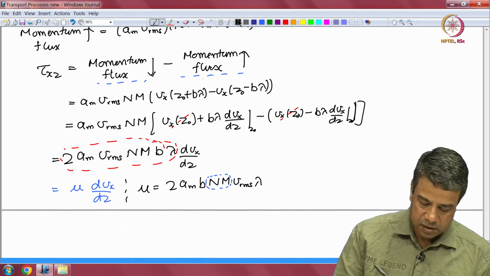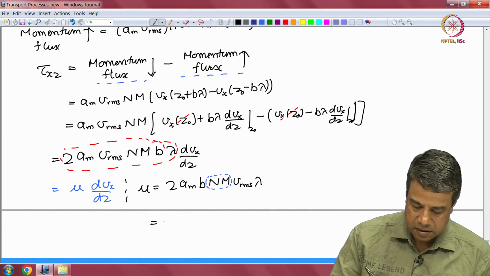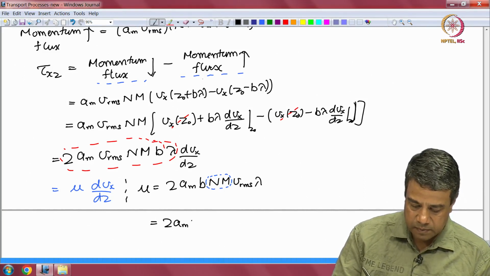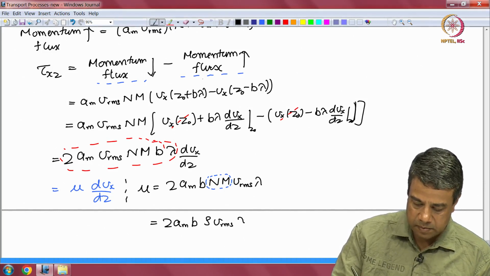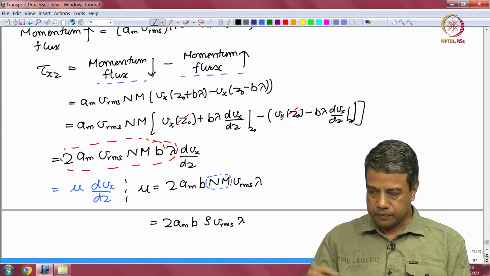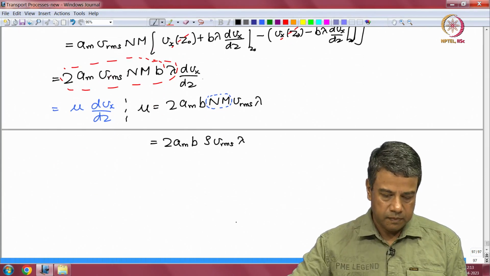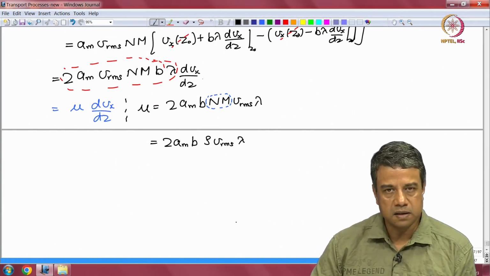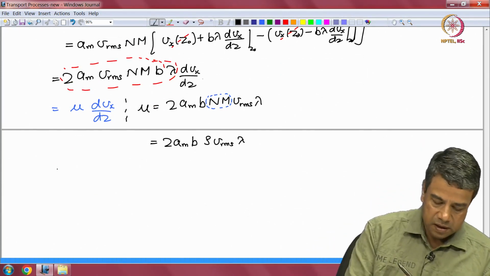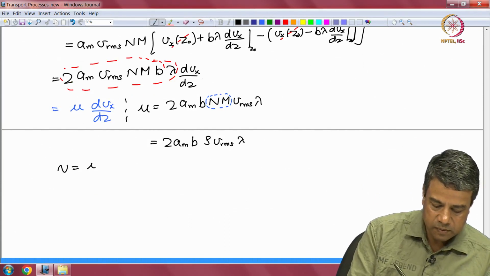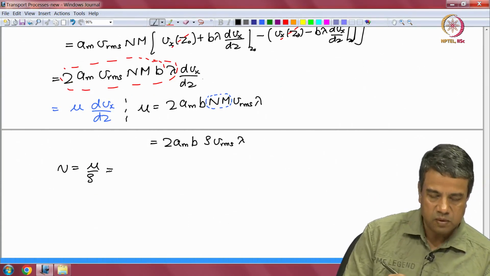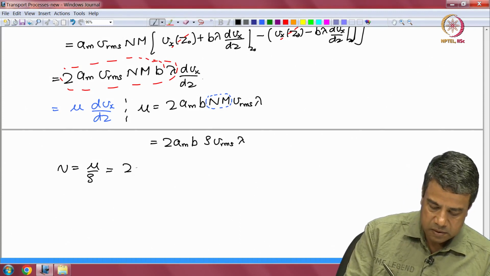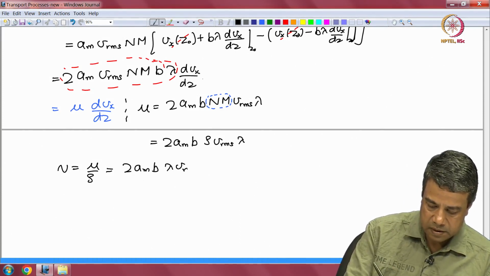So, this can also be written as 2 Am b rho Vrms lambda. This is the viscosity. Kinematic viscosity is equal to mu by rho, the momentum diffusivity, which is 2 Am b lambda Vrms.